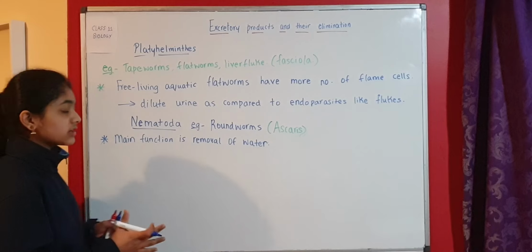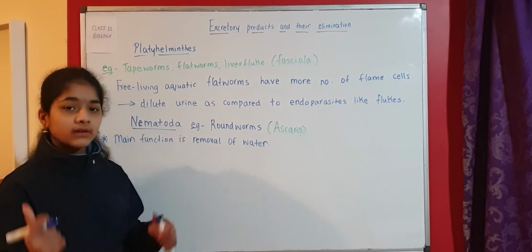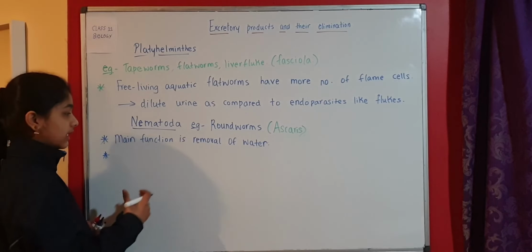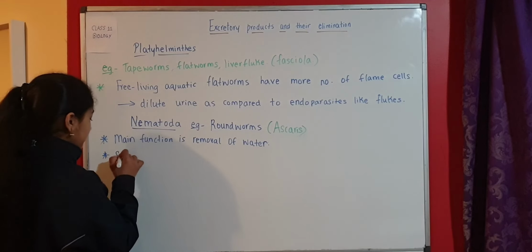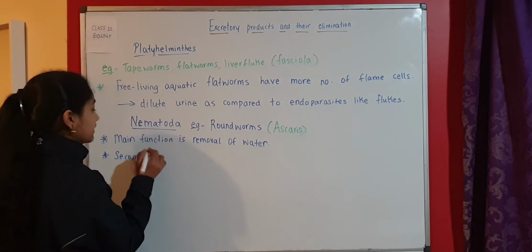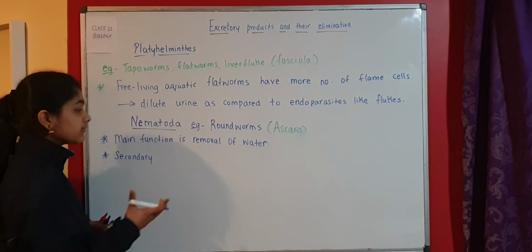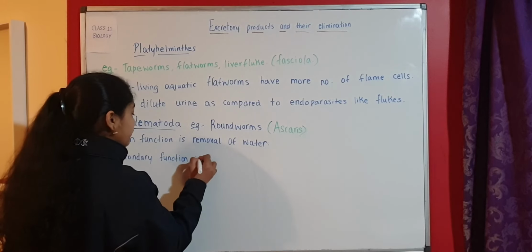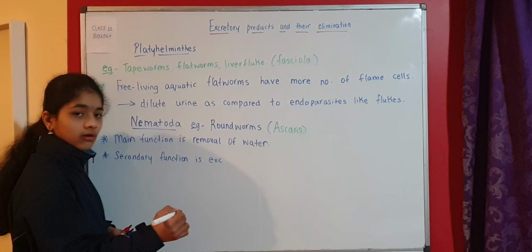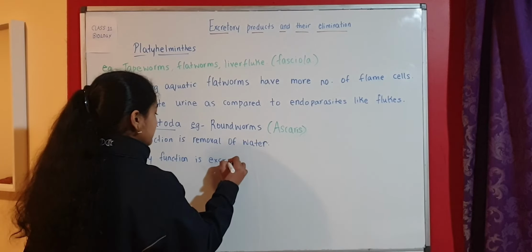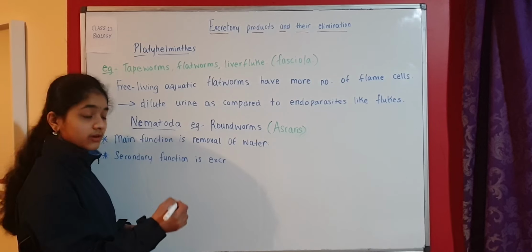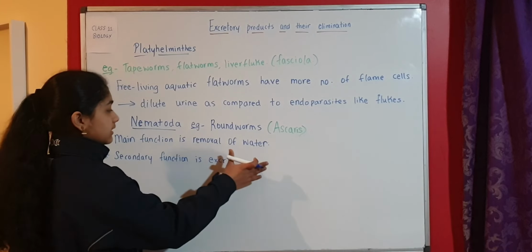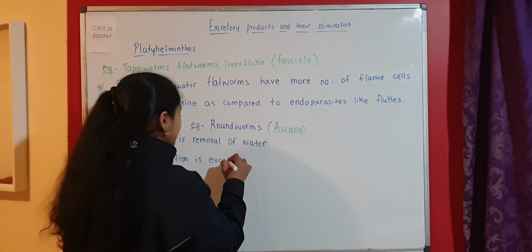The secondary function, other than removal of water, is excretion. So when we are talking about the excretory structures in nematodes, we talk about renette cells or H-shaped structures, but in general the main function of those cells is removal of water. Secondary function is excretion.